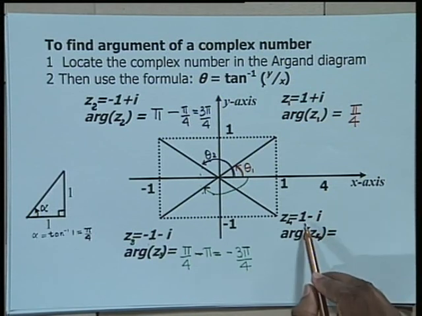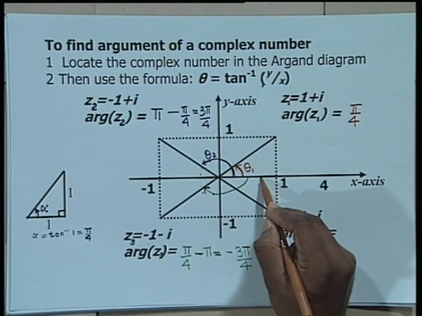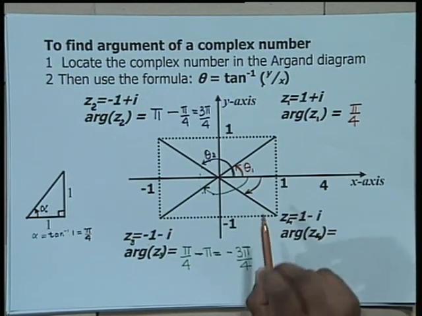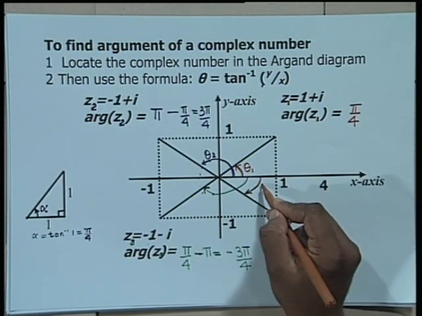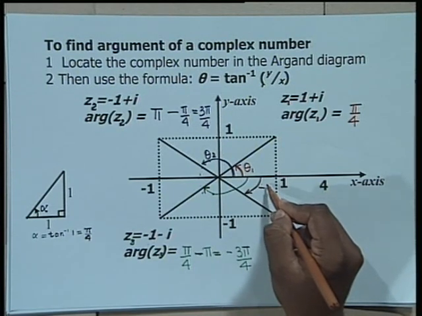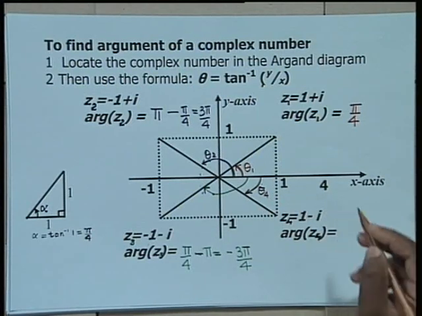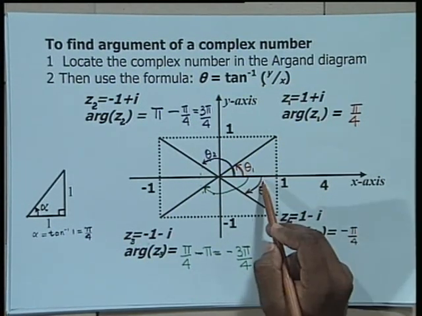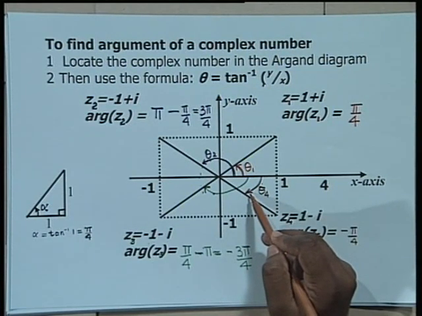Similarly, the argument of 1 minus i would be the angle between the positive real axis and the line joining origin to the complex number. The angle would be given by minus pi by 4, minus because we have taken the angle in a clockwise direction.